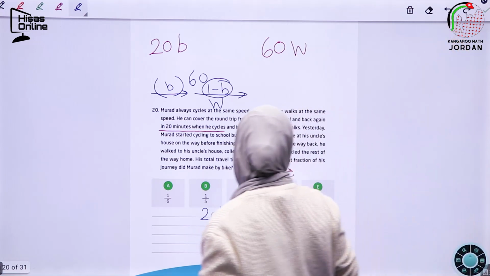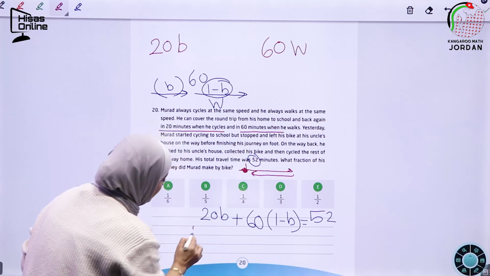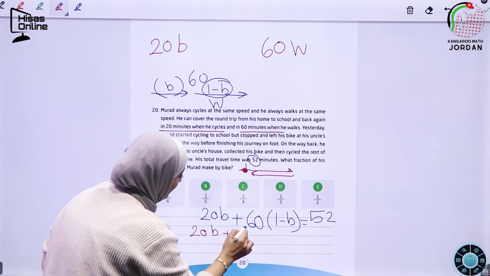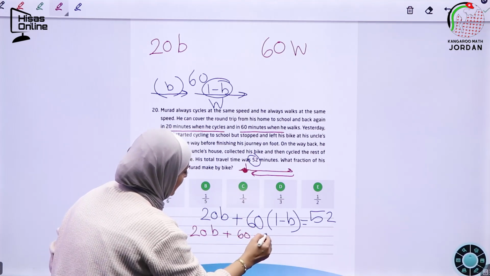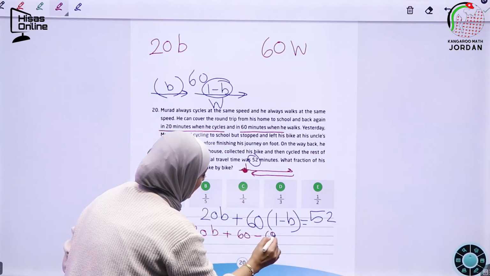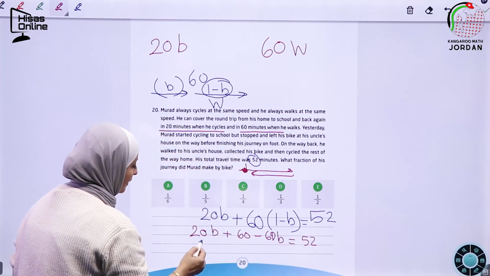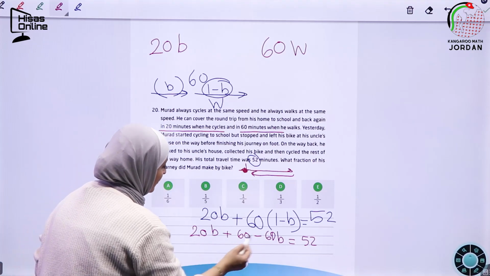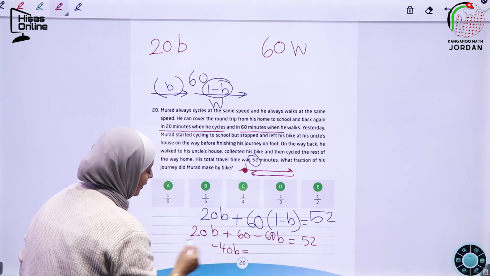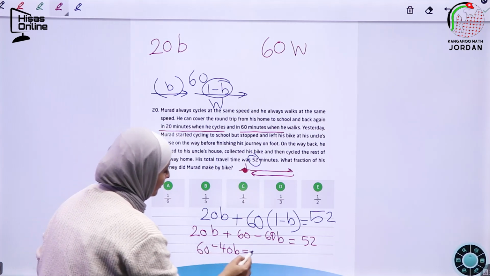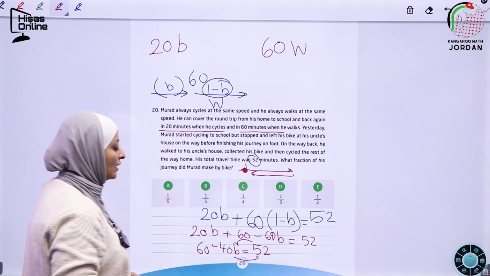So here we have 52, the total trip. 20b plus 60 times 1 is 60 minus 60b equals 52. Let's see how many we have here. 20 minus 60 is negative 40b, so 60 minus 40b equals 52. Let's switch between them.